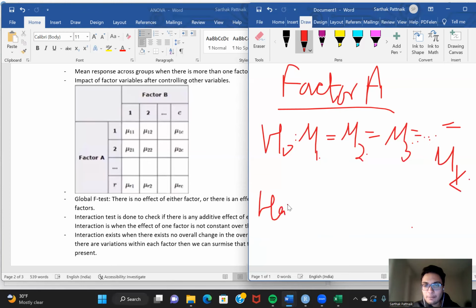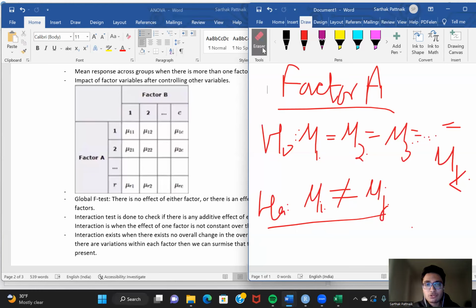And my alternate hypothesis is checking out whether any one is different from the other. This is basically my null and alternate hypotheses for testing the effect of factor A, keeping factor B constant.